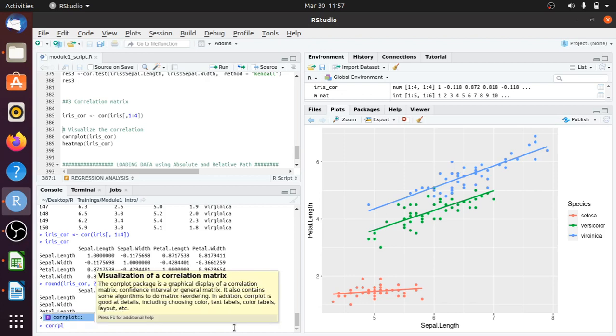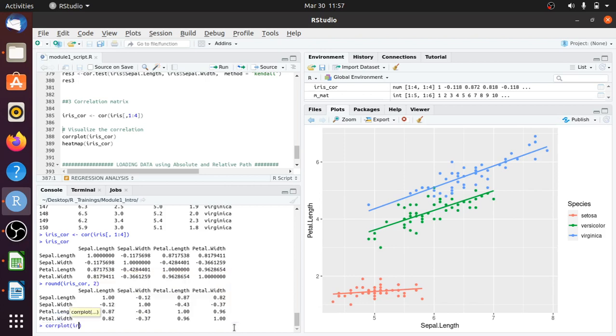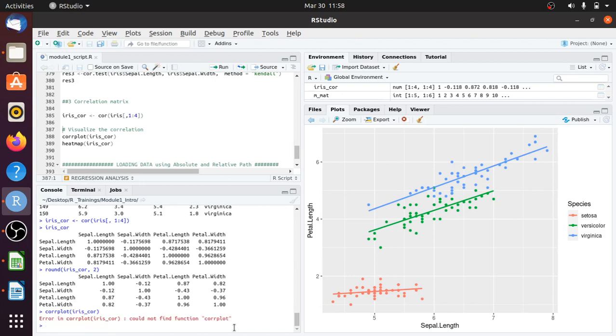Say corrplot iris core. I want to visualize it now. We have gotten the data itself, the relationship between them, the correlation coefficients. That's what you have gotten using that cor. So we want to now visualize it.